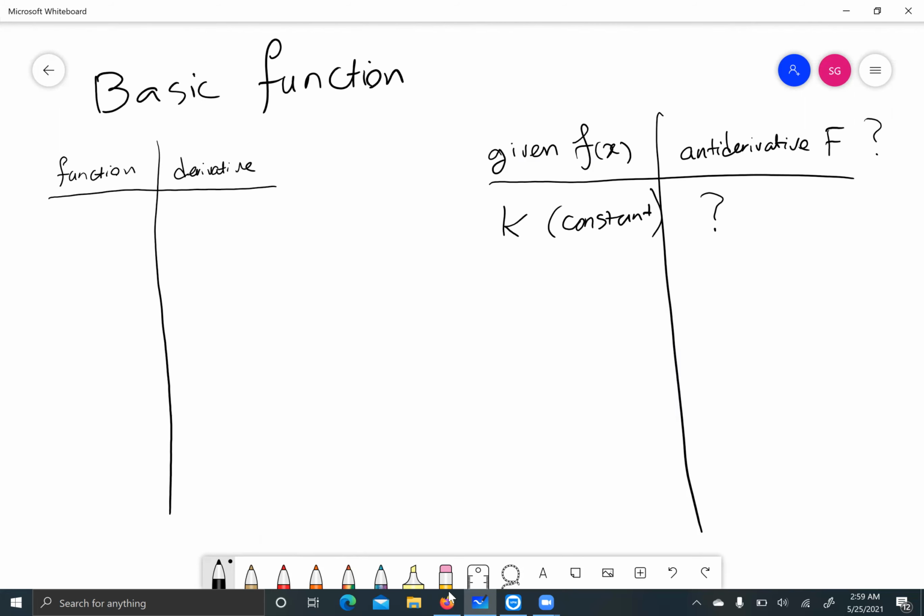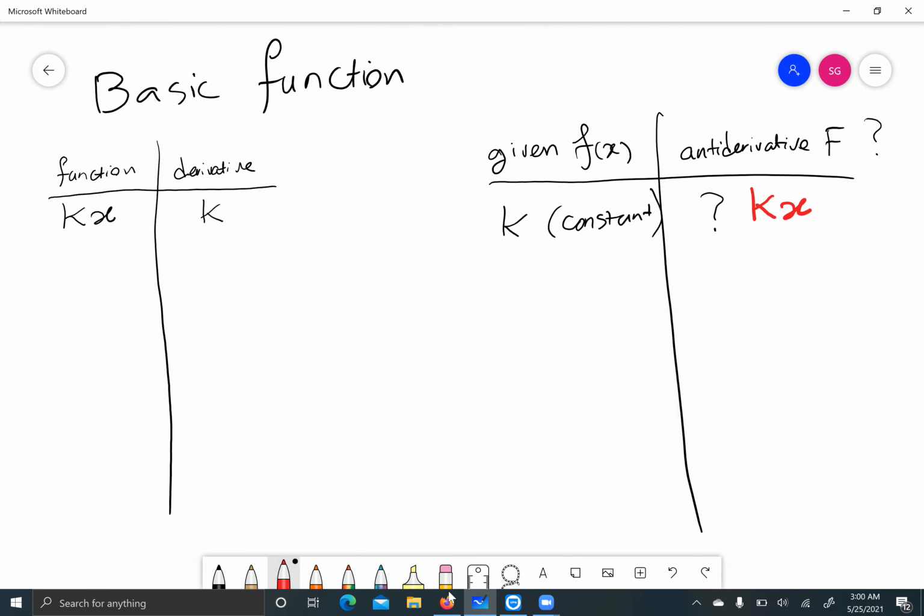What is the original function that gives me the constant? This can be k times x, because we know that the derivative of x with respect to x is just 1. So then we end up with k. So the answer is kx.